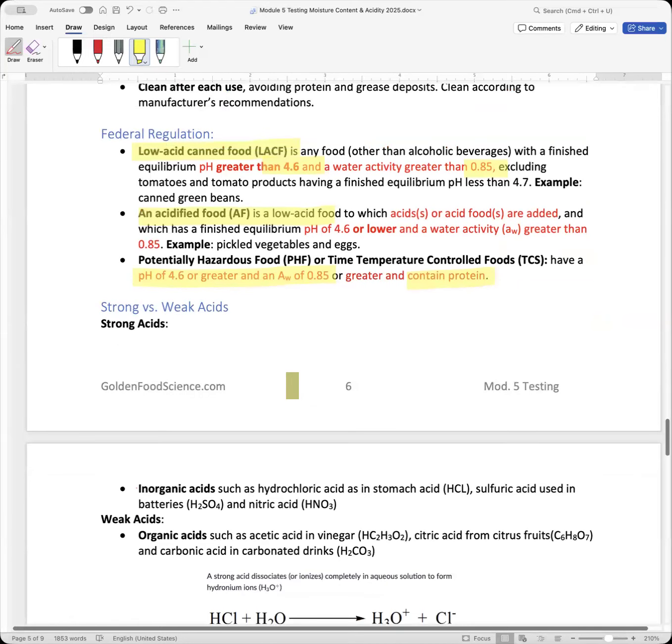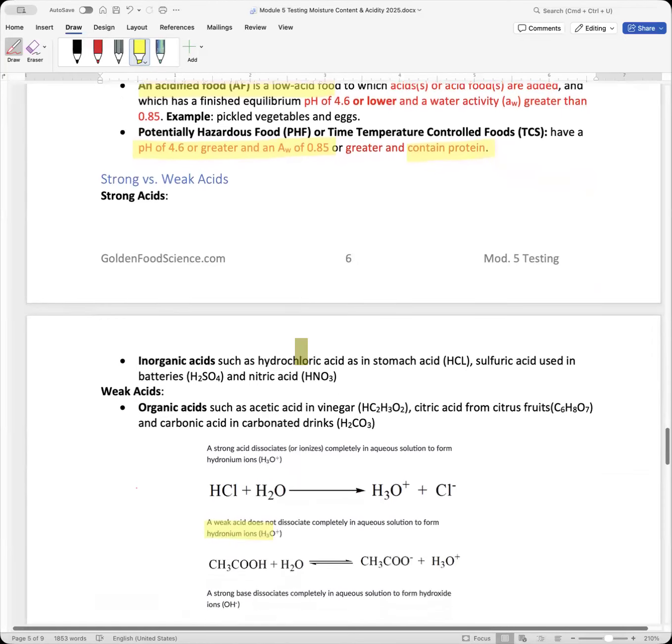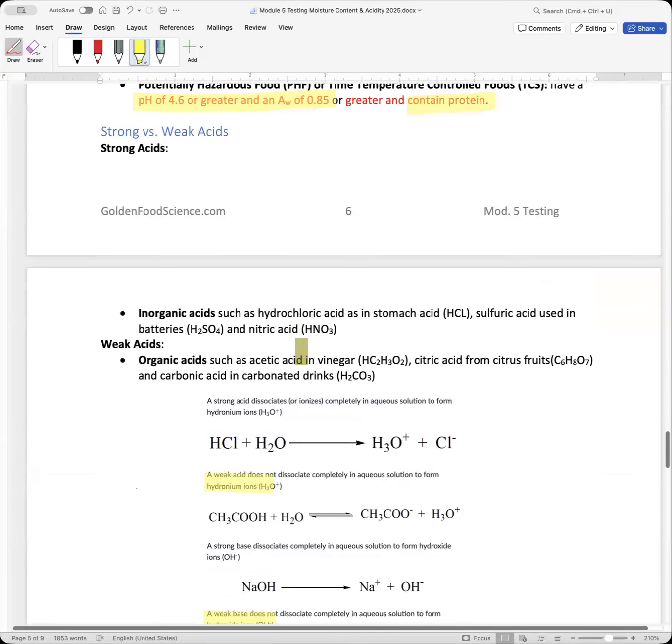So that's why you measure pH. But pH doesn't give you all of the acid that's in the food, because some of the acid doesn't disassociate very readily. So there are 2 kinds of acid. There are the inorganic acids.